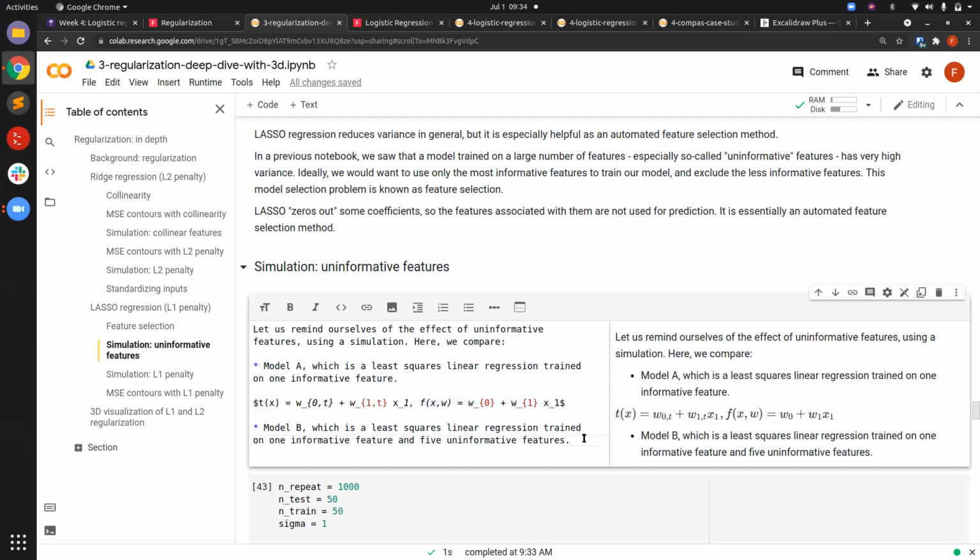So we have a least squares linear regression trained on one informative feature in the first case.